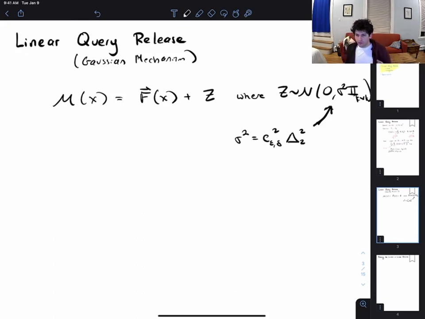I want to roll this into a constant because otherwise it gets really irritating to write that the variance is the L2 sensitivity divided by epsilon squared times log 1 over delta or 2 over delta or something like that. It's a pain, so I'm just going to write this constant c that depends on epsilon and delta, and it captures the epsilon and delta.